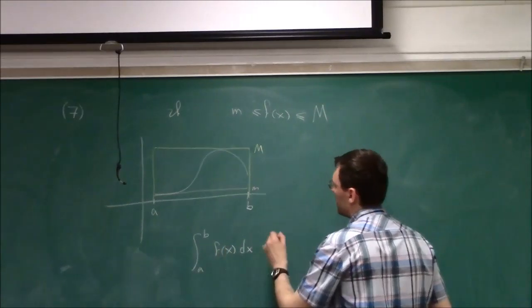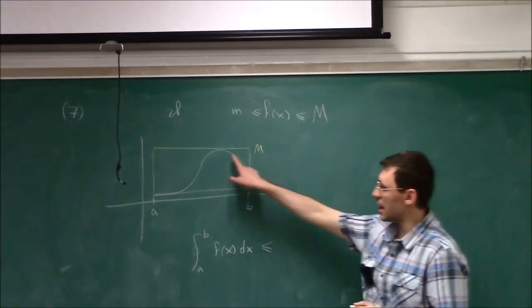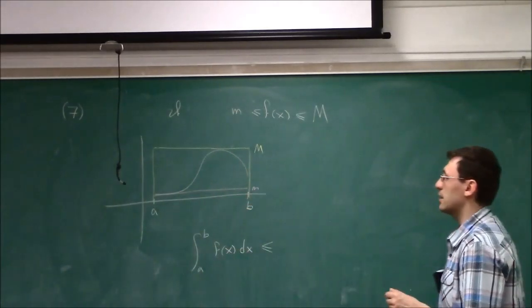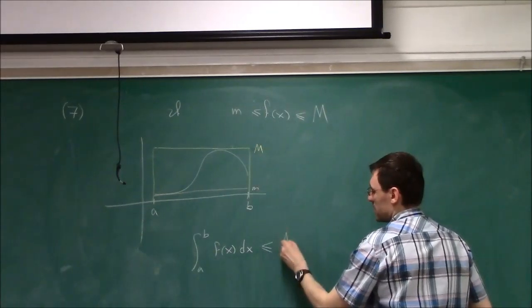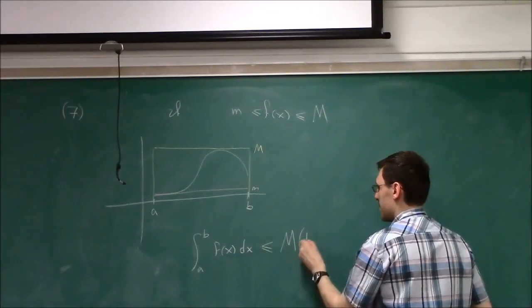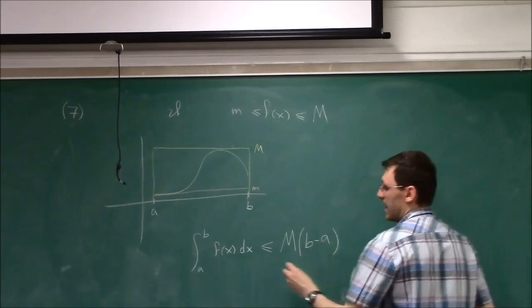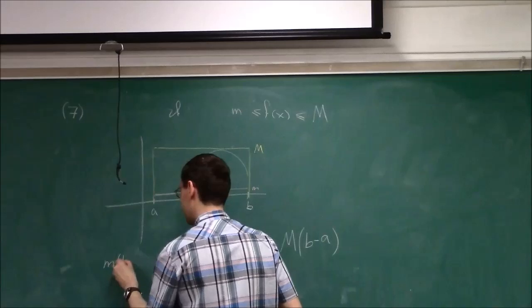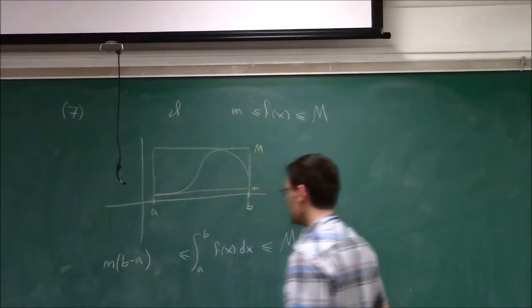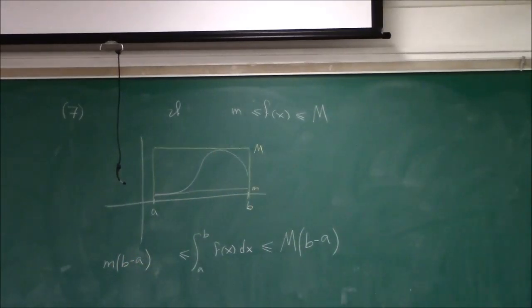Well, f is smaller than big M, so this area within this white region is less than the area of the big box. So that is M times b minus a, and it's bigger than the small box.